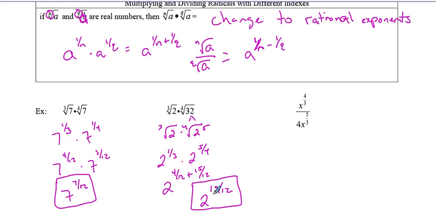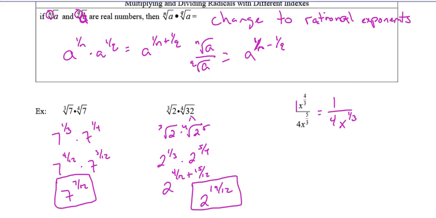All right. And our last example here is a division problem. And we chose this to kind of show one more aspect. So this is a 1/4. Now if I subtract these, I have more on the bottom. So this gives me x to the 1/3. All right.